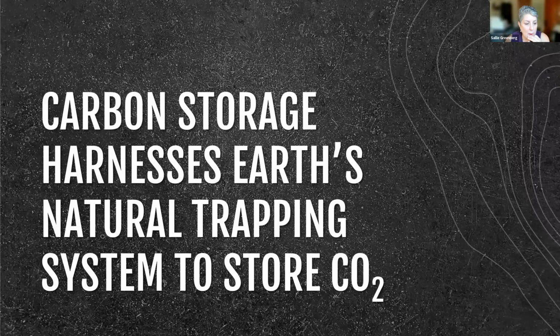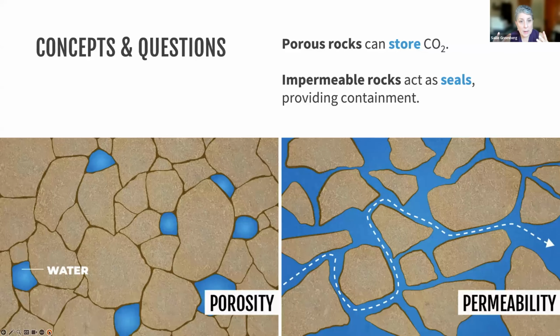And so a rock that has a set of pore spaces, open spaces in it, is a place where you could store liquid carbon dioxide in the salty brine that's in place. We look for rocks that have a specific property called porosity and permeability.